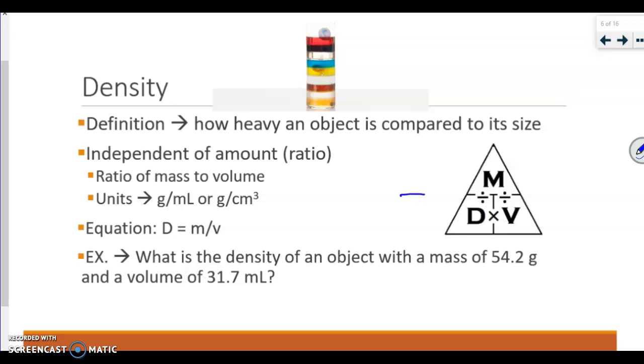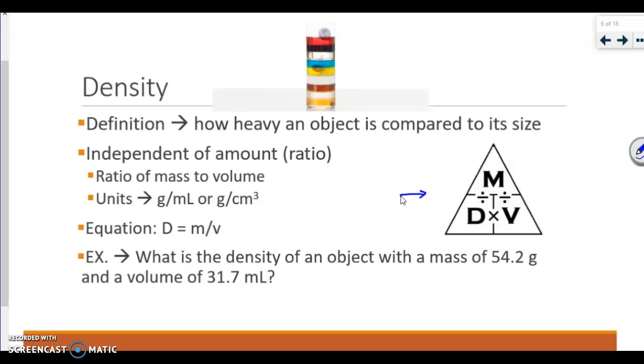Here, you see that there is something called a density triangle. What you would do if you were going to use this and not have to do algebra is read the question, and you will cover up whatever you are looking for to solve the problem. So if I was looking for density, I would cover up D, and the math that I would do is mass divided by volume.